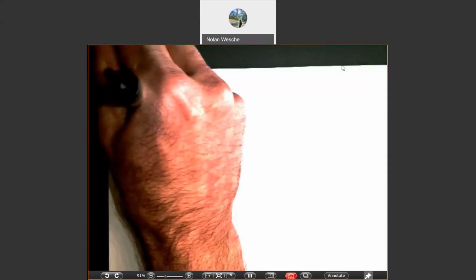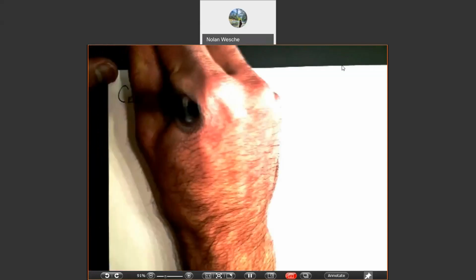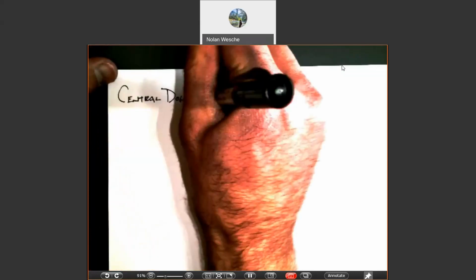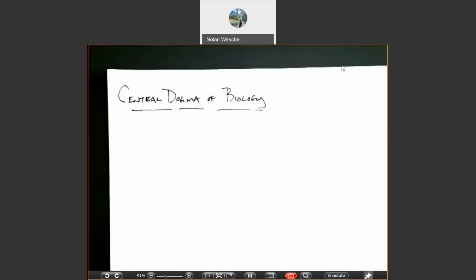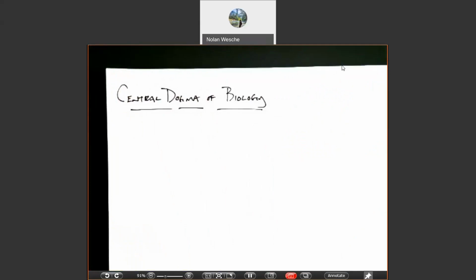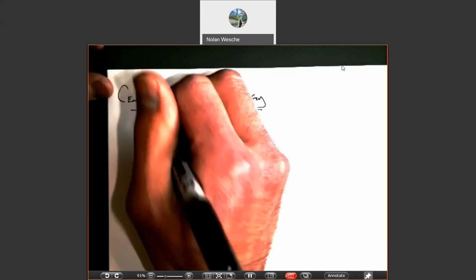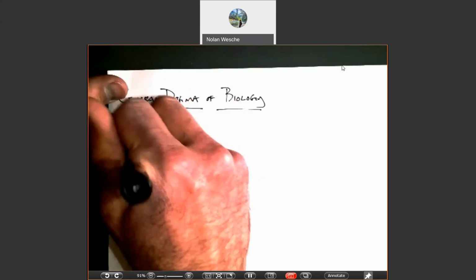Okay, so today I'm going to take you through the process of central dogma of biology. This term dogma means a central theme or idea or process. This process is going to take the instructions of DNA and eventually make proteins from them. So we're going to start by just drawing a cell here.